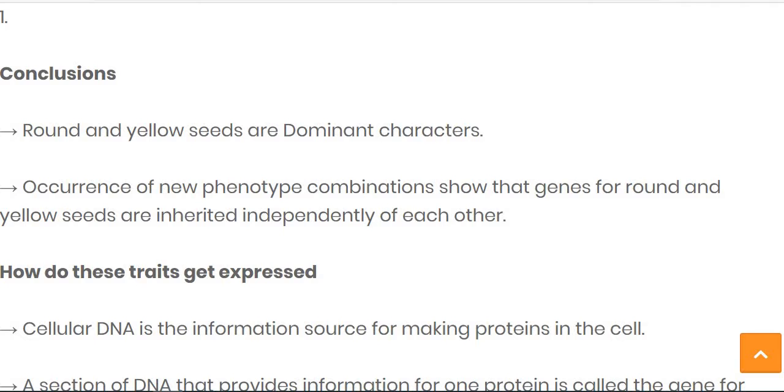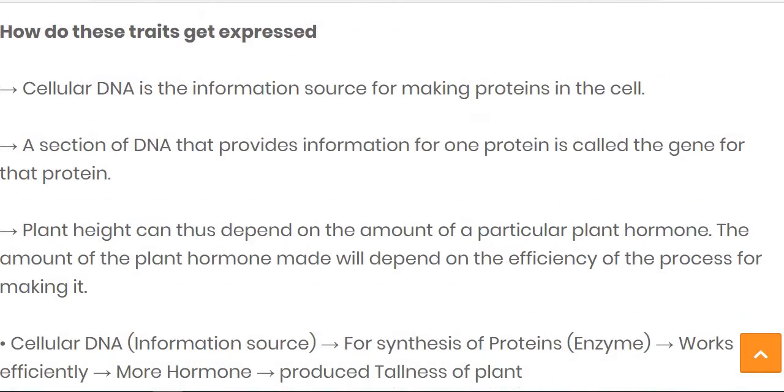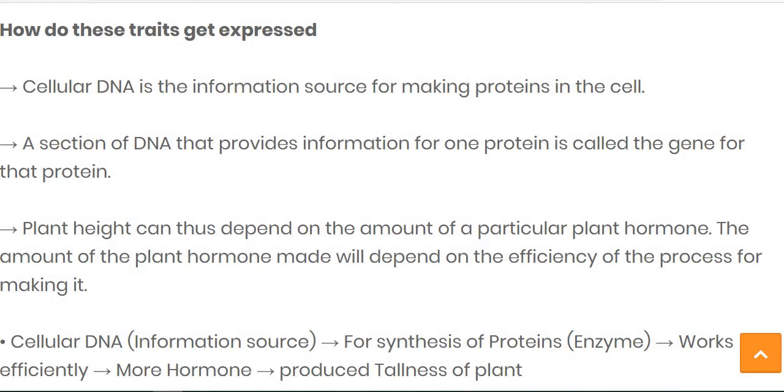So we can say that the occurrence of new phenotype combinations shows that the genes for round and yellow seed are inherited independently of each other.